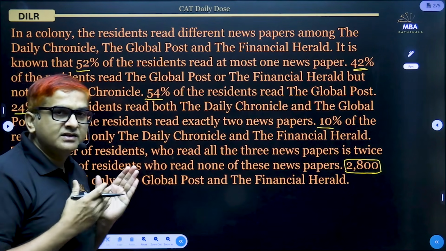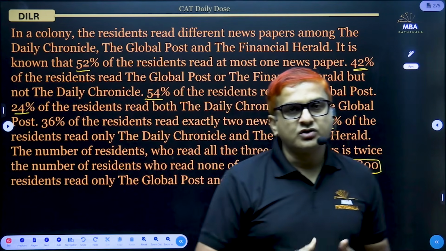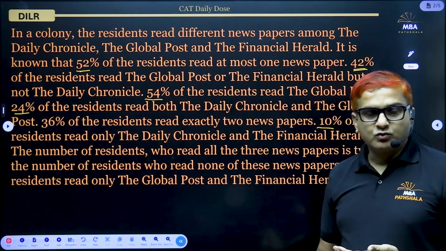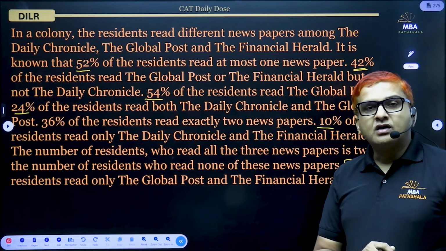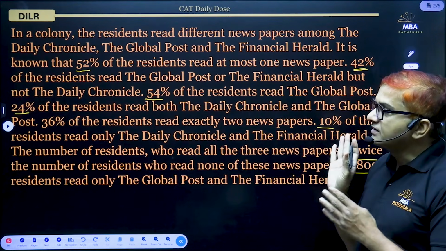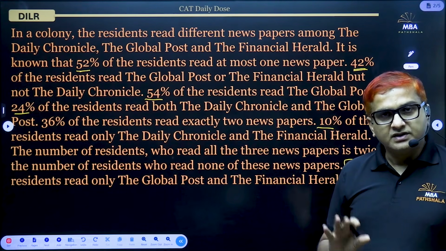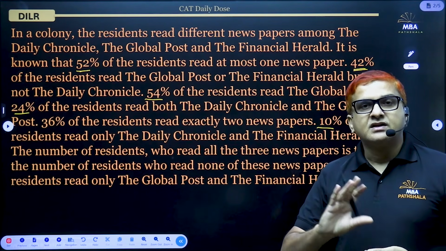So whenever this happens, our standard approach, whether that is a question of quantitative aptitude or a question of DILR, that doesn't matter. If all the things are given in terms of percentage or ratios, these things are the same thing actually, they are relative terms.